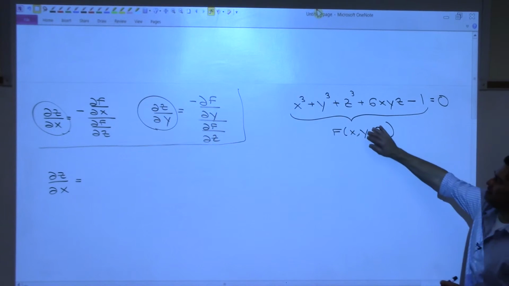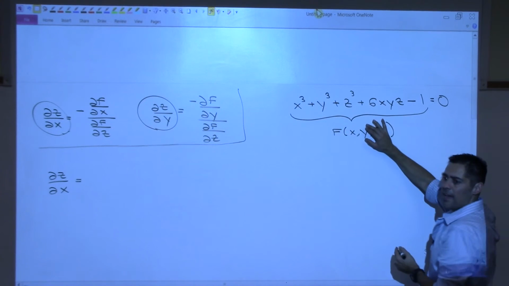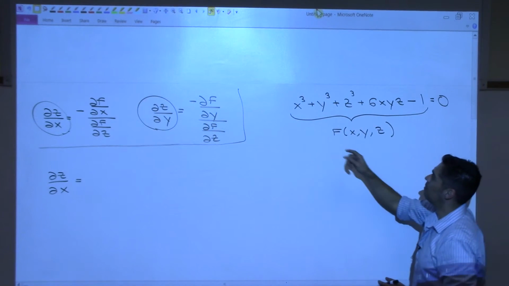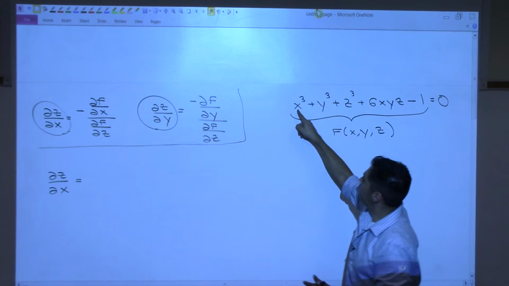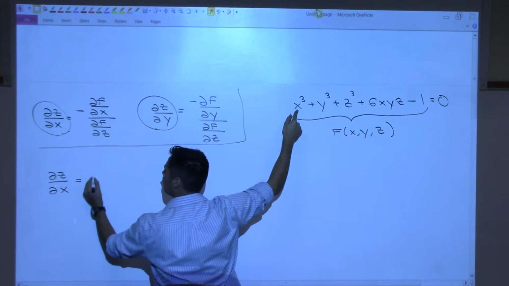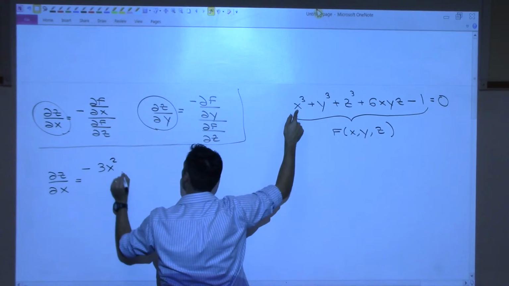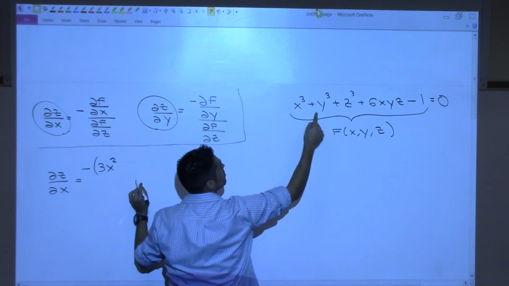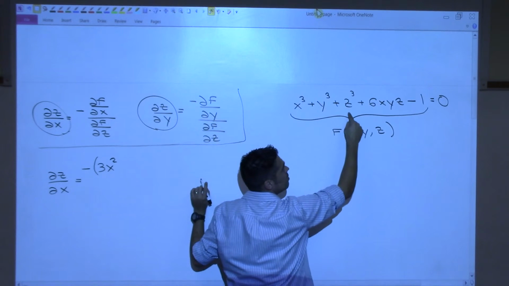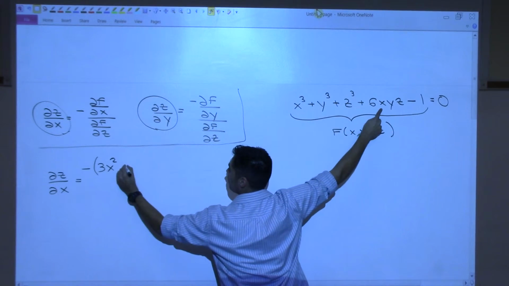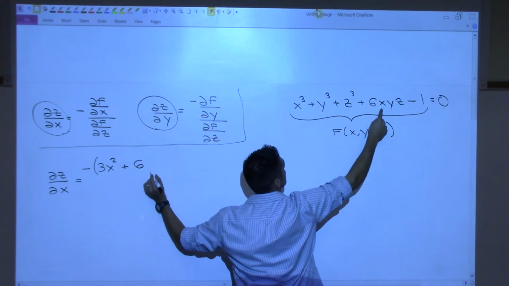So I'm holding y and z constant and looking at just x being the variable. What is the derivative of this if x is the variable and y and z are constants? 3x squared. So negative 3x squared. What else? 0, 0, and then plus 6yz.